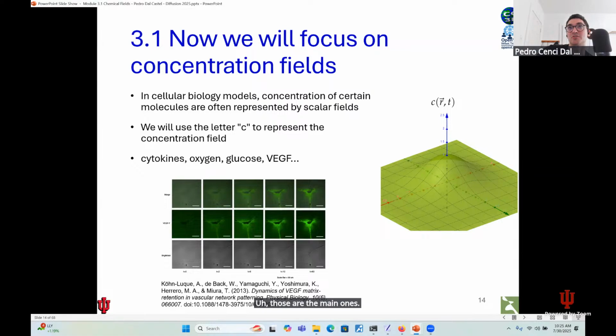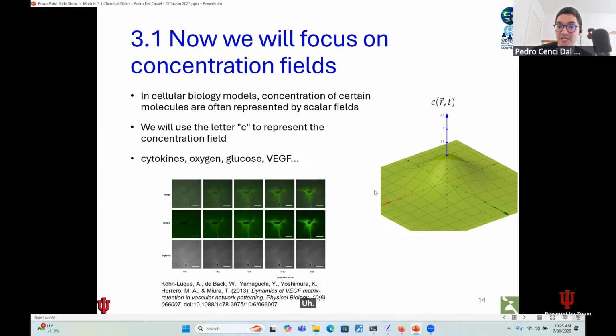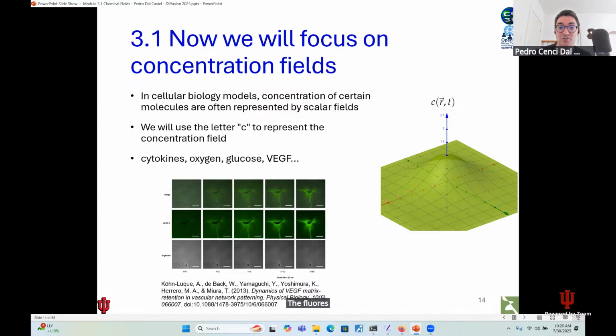But you can also talk about concentration of viruses, concentration of bacteria, so on and so forth. They are often represented by intensity, by heat maps. For example, a heat map is basically what you see when you have fluorescence. The fluorescence tracks the concentration of a chemical, but you can also represent as a curve.